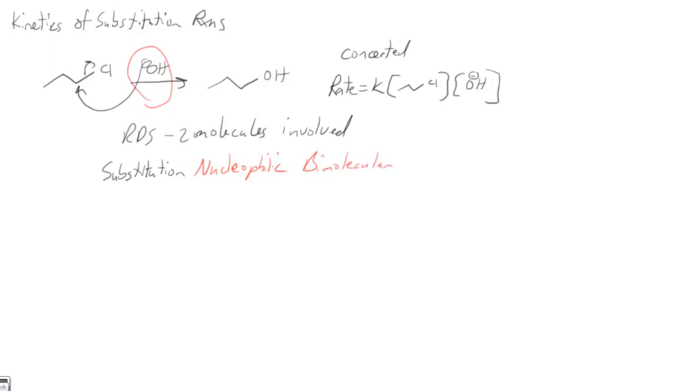We'll abbreviate that as SN2. We do a capital S, a capital N as a subscript, and then 2. If I look at the rate equation, it is second order overall. It's first order in my alkyl halide, and it's first order in my nucleophile.